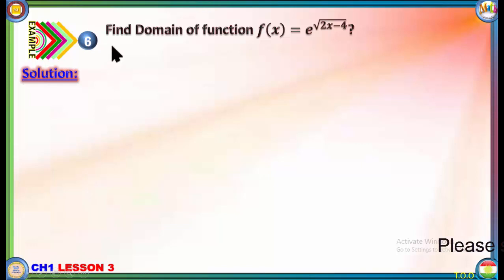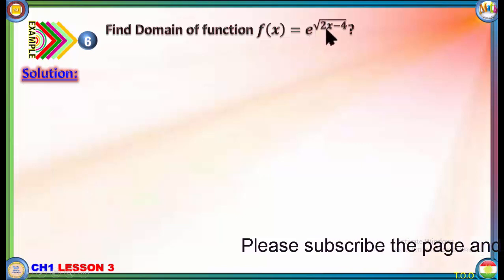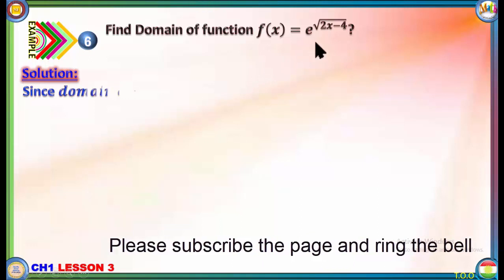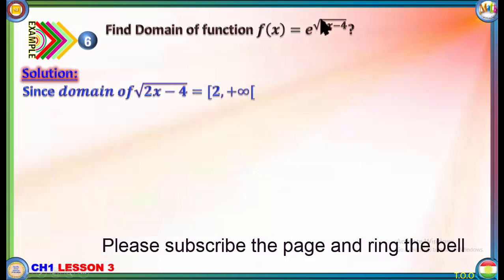Example number 6. Find the domain of the function f(x) equals e to the power square root of 2x minus 4. First of all, finding the domain of the square root of 2x minus 4.